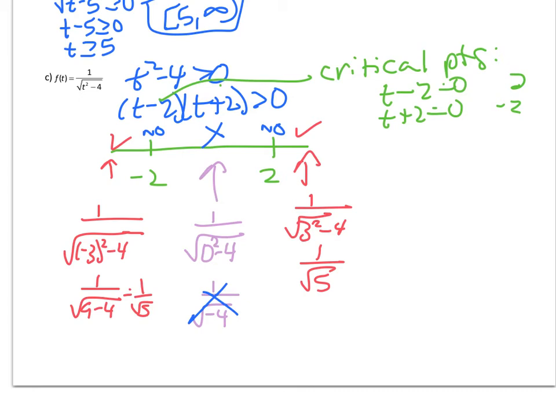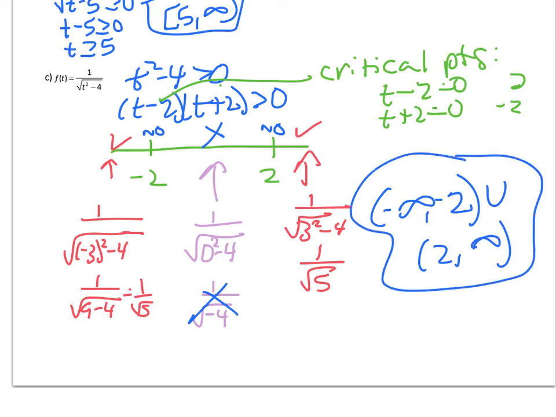So I'm going to go from negative infinity to negative 2, not include negative 2, skip over everything between negative 2 and 2, and then from 2 to infinity. That's going to be my domain. So you have to be careful when you have a radical in a denominator, like we do here. When you have inequalities, you're going to have to solve them and check them on a number line.